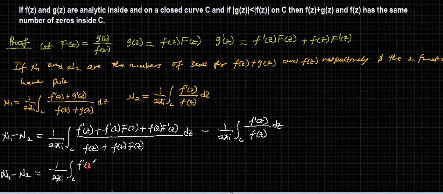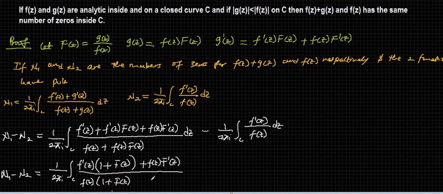We factorize f prime of z outside in the numerator to get f prime of z times 1 plus capital F of z plus f of z capital F prime of z, and the same thing for the denominator, we factor f of z outside, giving f of z times 1 plus capital F of z, dz.